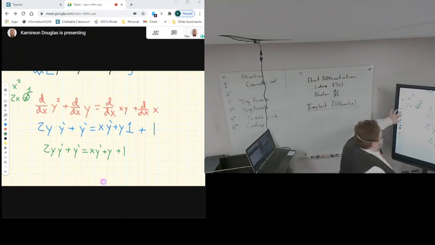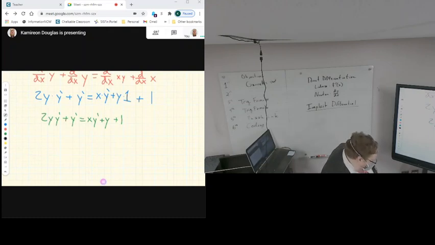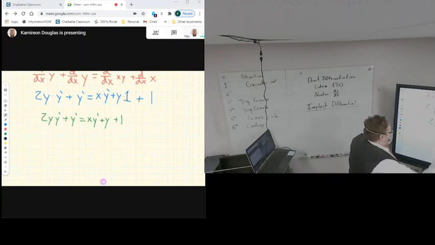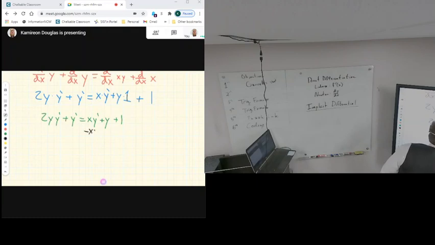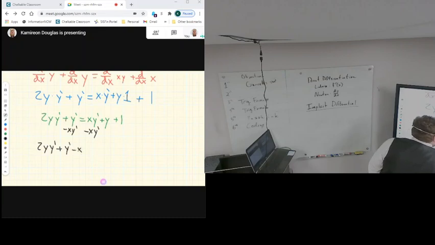How do I do that for this function? You pull out y prime on one side. You would be correct, but there's actually y prime on both sides. Can I make some algebraic adjustments here? Subtract the y on the left side. I'm going to subtract this y prime over. Give me all the y primes on one side, so 2y y prime plus y prime minus x y prime equals y plus 1.